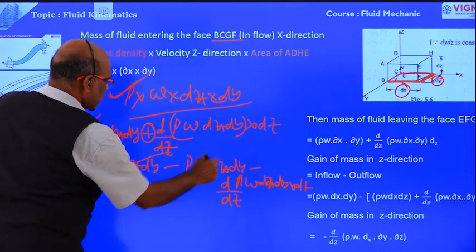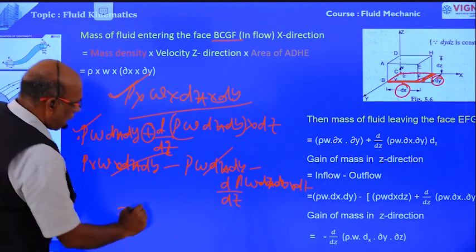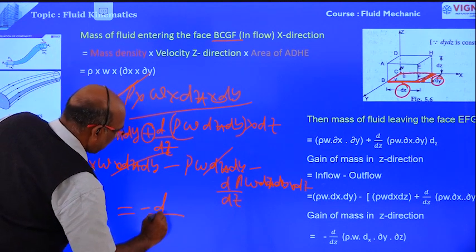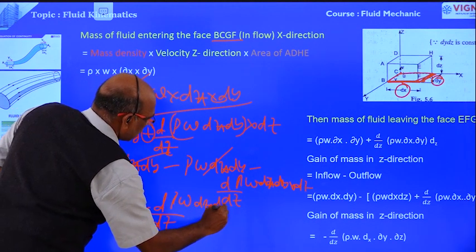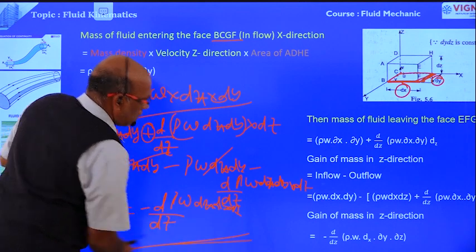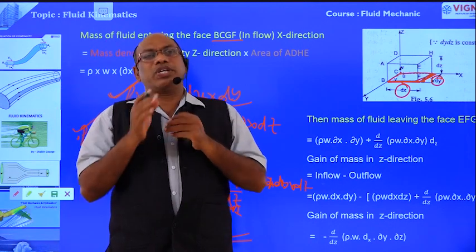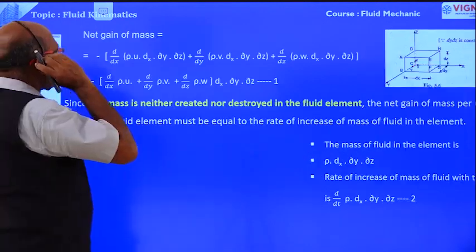This is minus value, this is plus value. Finally, we have minus of d by dz of rho w dx dy dz. This is the gain of mass in the z direction.